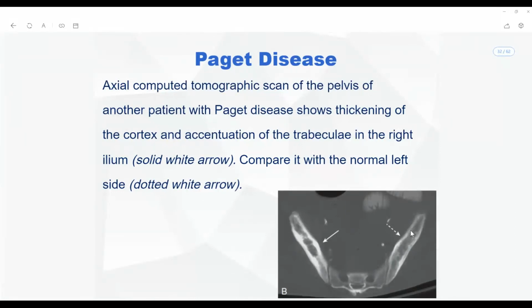You see here, this is the normal trabecular pattern and the normal cortex on the left side. But compare it to the right side: there is thickening of the cortex, increased density and coarsened trabeculae. So that is Paget's disease. That's how we were able to make out the diagnosis of Paget's disease.